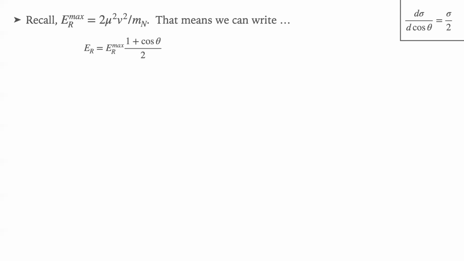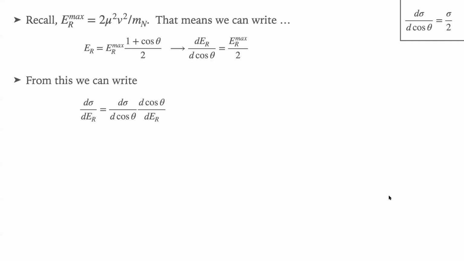So that means that if I take the derivative of our recoiling energy with respect to cosine theta, that's just going to be equal to E max divided by 2. From that, we can write this d sigma/dE_R element as d sigma/d cosine theta, the derivative of our cross section with respect to cosine theta, times the derivative of cosine theta with respect to E_R.